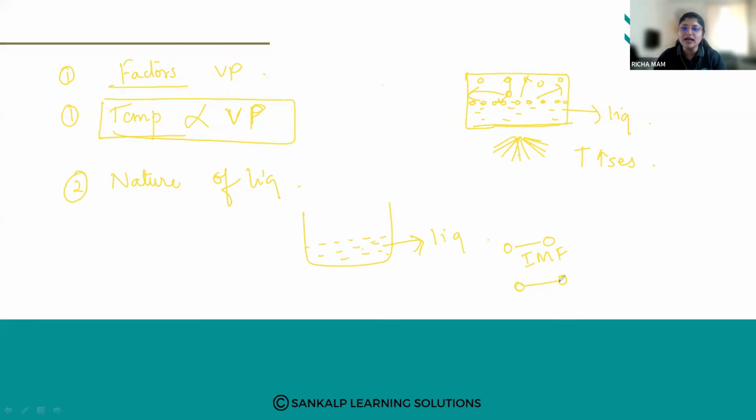If the bond present between the molecules is stronger, then it is very difficult to break. So if the intermolecular forces are weaker, then the vapor pressure will be more or less?